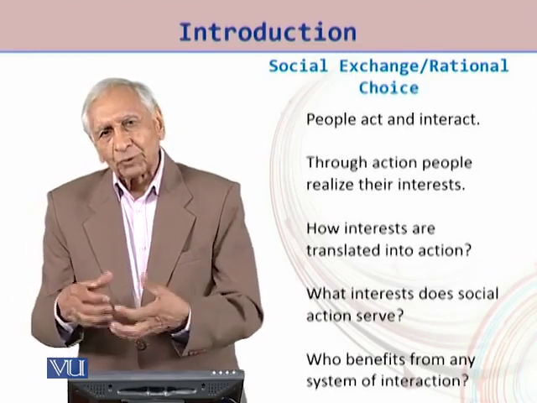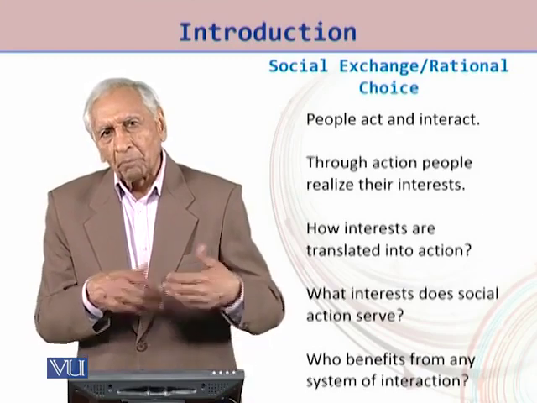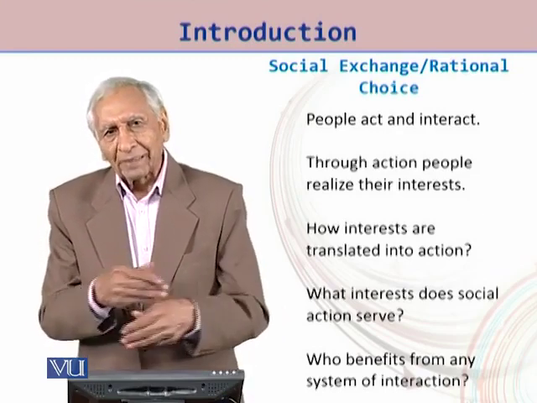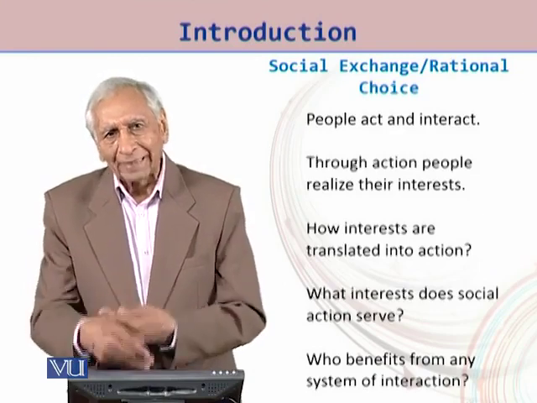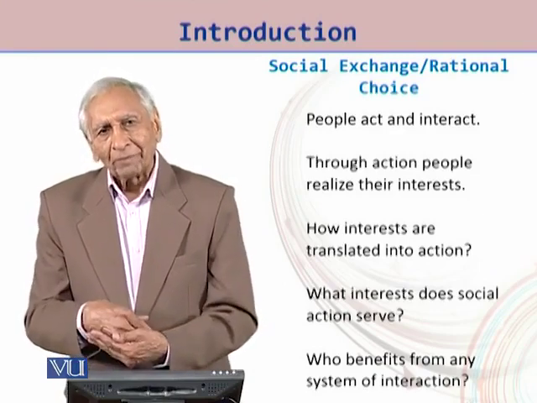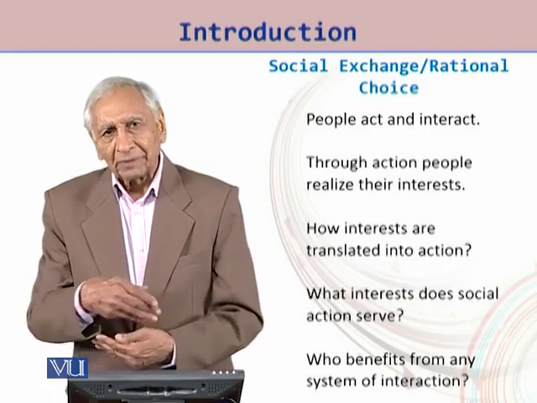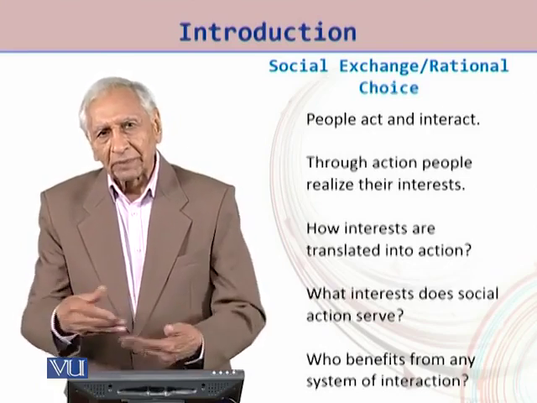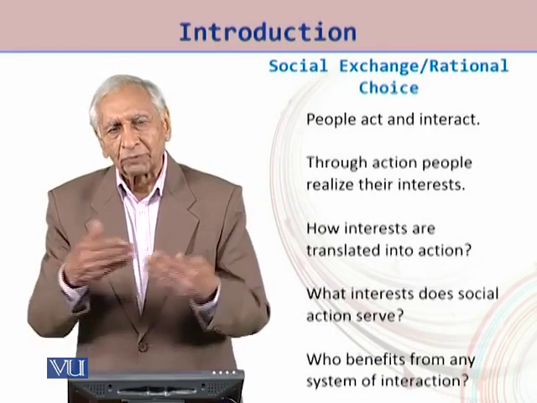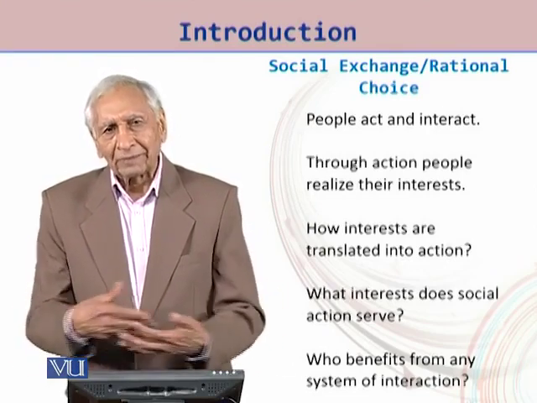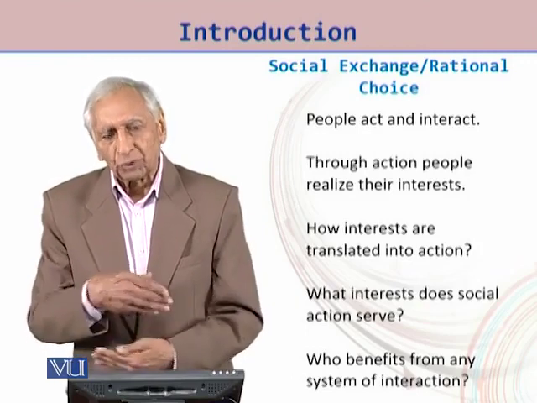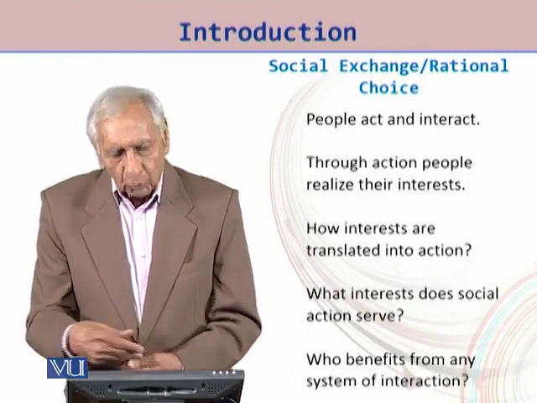The goals might be instrumental in motivating an individual to act in a certain way. And when that person acts in the presence of others, he gets a response, and that exchange of action might lead to the achievement of the goal.